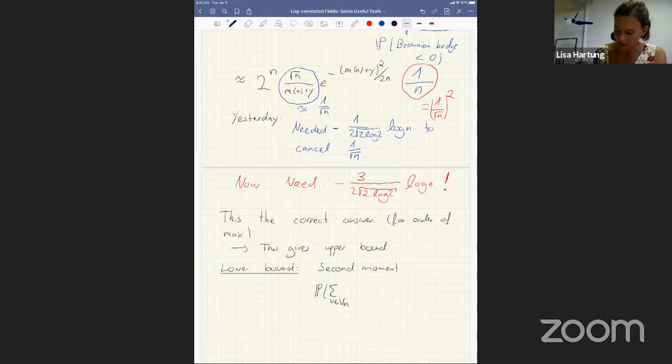You have these indicator functions, and now you ask your particles to do whatever they want, whatever you want to count. And you say this is greater or equal to 1. Now you can lower bound this by using the Cauchy-Schwarz inequality, or it's also called Paley-Zygmund. You can lower bound this by the expected value of the sum over v in V_n of this indicator function.